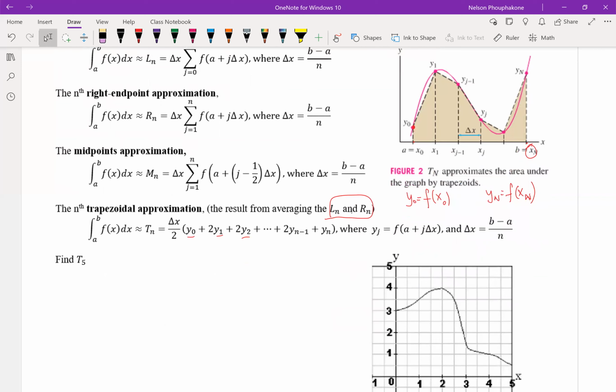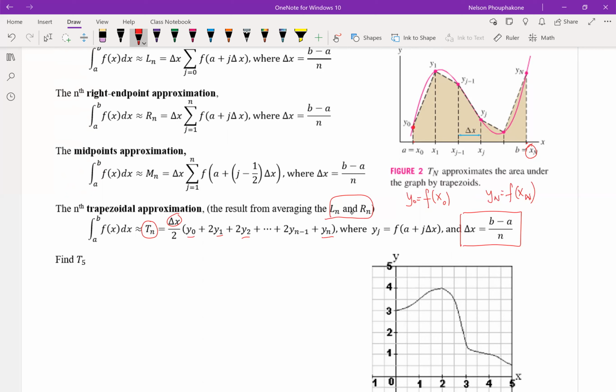Let us look at the formula for the trapezoidal approximation. The integral between a and b of f of x dx is approximately equal to T sub n, the trapezoidal approximation, which equals delta x over 2, where delta x is (b minus a) over n, multiplied by y naught plus 2 times y sub 1 plus 2 times y sub 2 up to 2 times y sub n minus 1, plus the last term, y sub n.